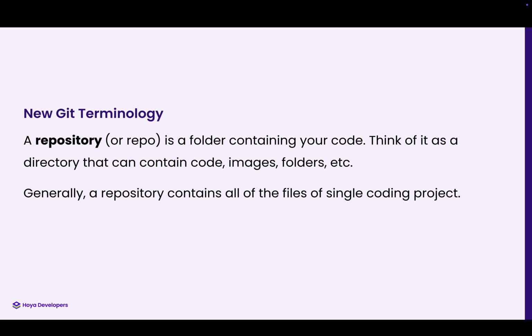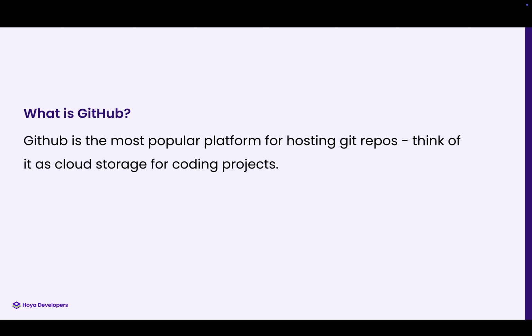Usually a coding project is structured such that all of the files associated with that project are inside of a single repository. So you'll put, for example, your index.html file and index.css inside of a Git repository. We'll have a couple of classes dedicated to learning the basics of Git, but we'll be using this for a lot of our projects.